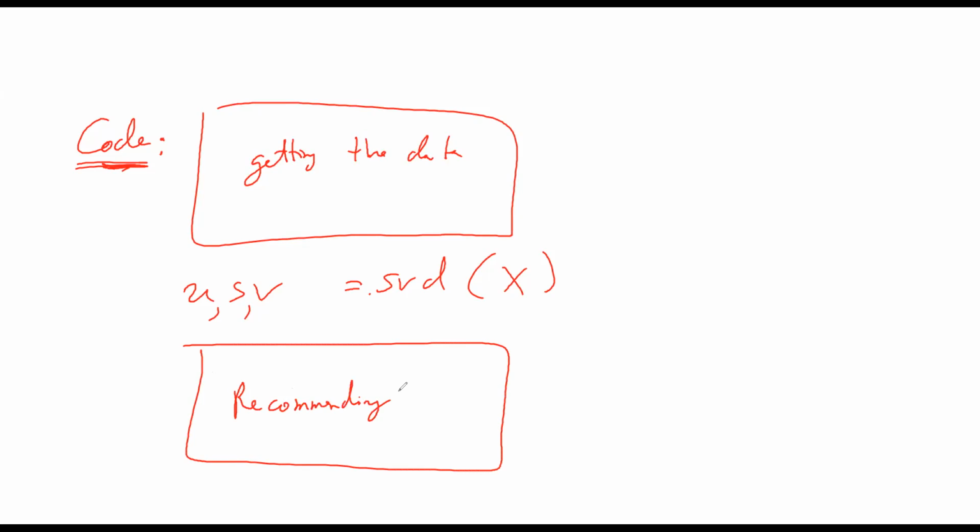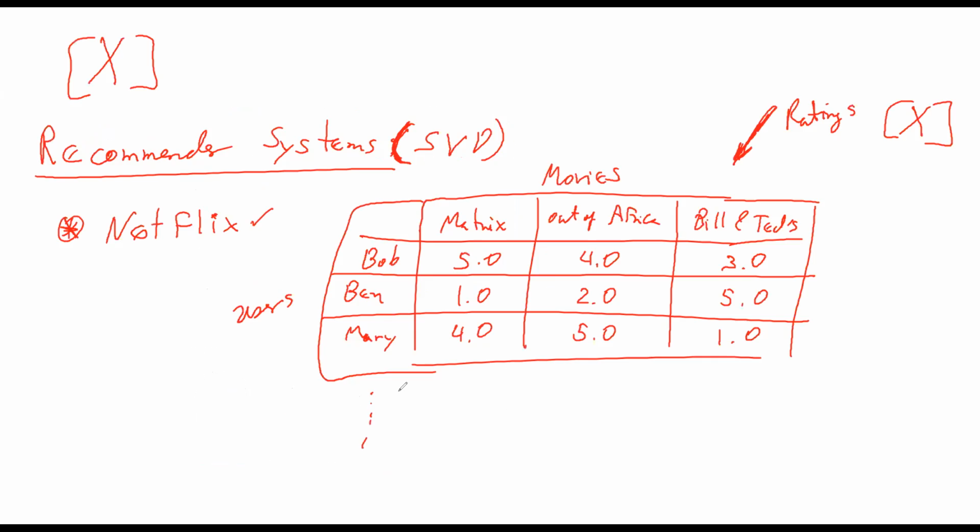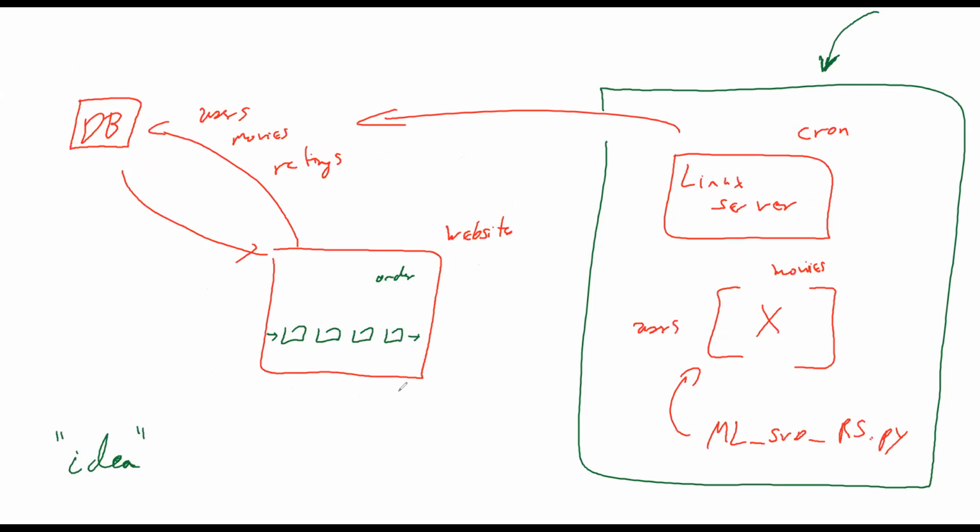That's it really, right? And I already explained to you how this could be done if you were implementing a system. You have your website over here, you have your database in MySQL, you have the data in relational tables. Now you just need to download them every night, run a cron job for that, run your script with everything.